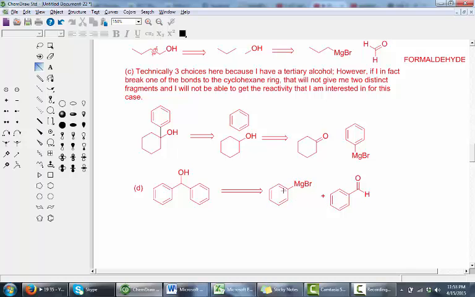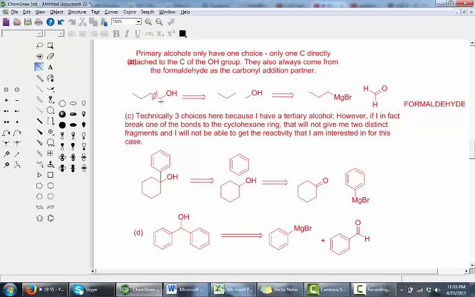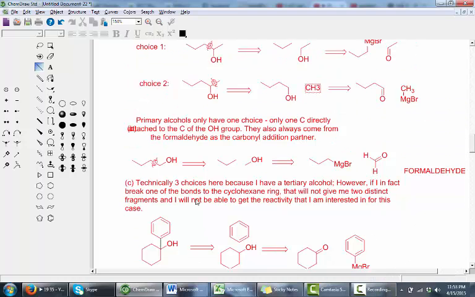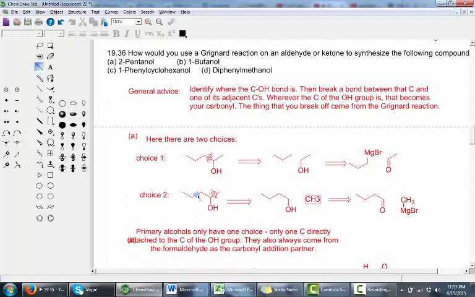So secondary alcohols like this one always come from Grignard additions to aldehydes. Tertiary alcohols like this one always come from Grignard additions to ketones. Primary alcohols like this one in part B are always going to come from Grignard additions to formaldehyde. Okay, so that's as far as going through 1936.